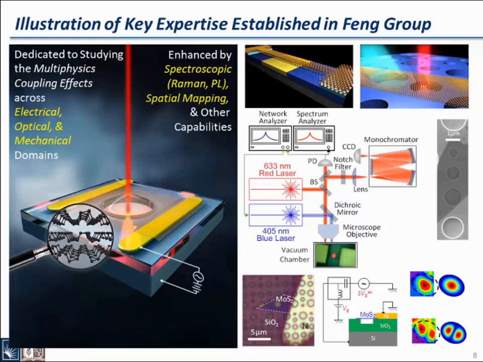We need to use Raman and photoluminescence to probe the material to understand, okay, are we looking at a device which is a monolayer semiconductor, or a three-layer semiconductor? Then they will have different mass, different spring constant, and different optical properties and semiconducting properties. And we also build this structure that can allow us to do coupled electrical and optical measurement.